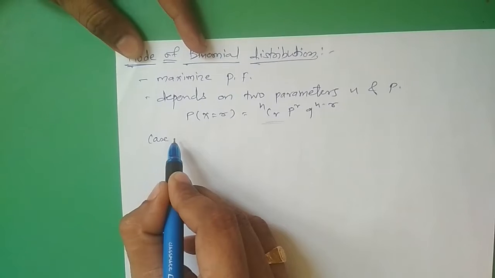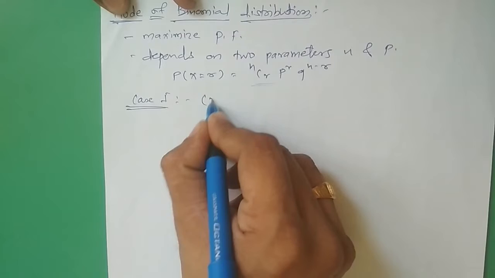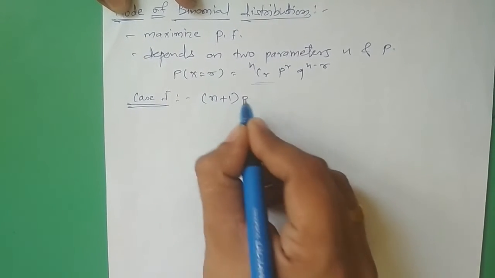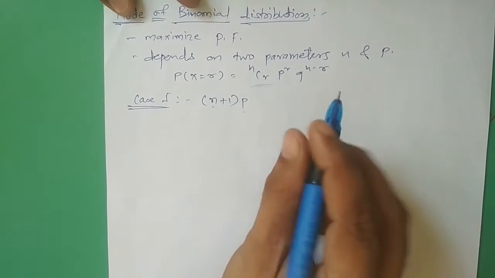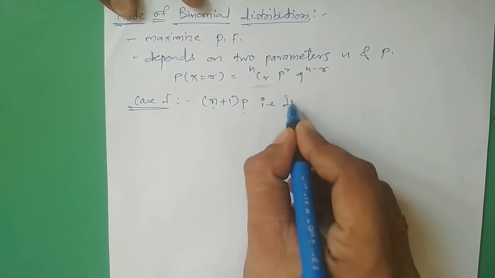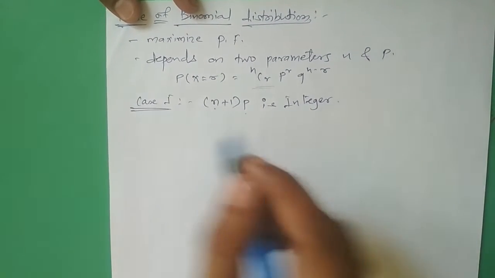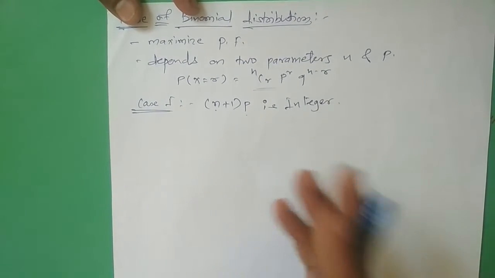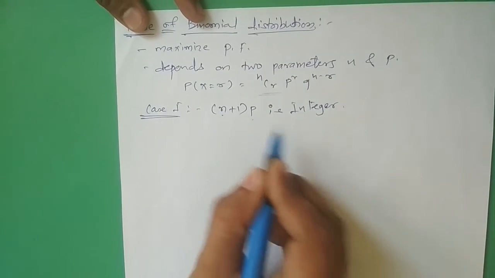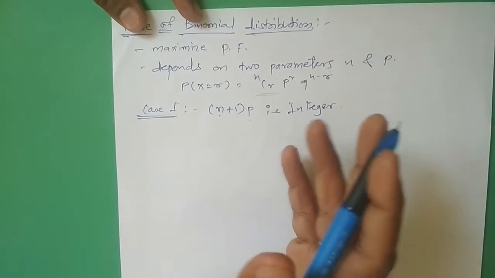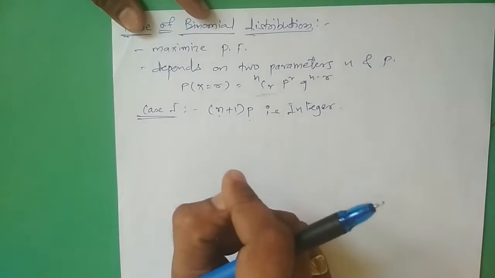First we are going to see case 1. In case 1, we use one formula, that is (n+1) into p, where n is the number of trials and p is the probability of success. If it is an integer, meaning after multiplying this we get an integer value, then keep in mind that there are two different values where you will get a maximum probability.